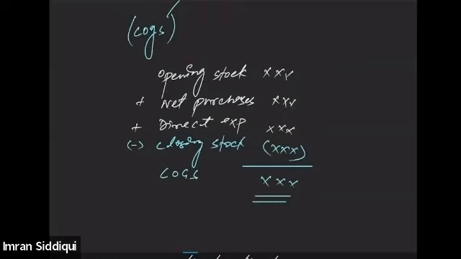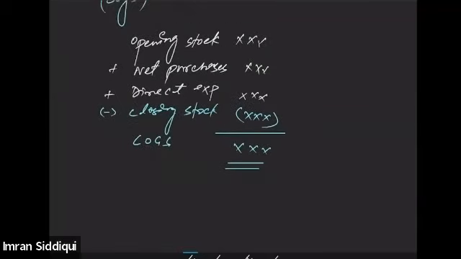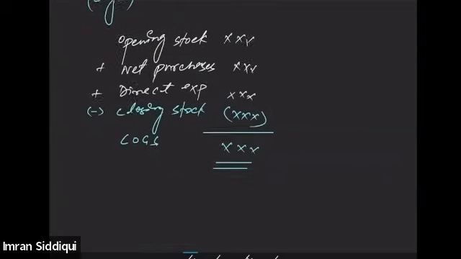This is a very important formula which will be very much helpful while attempting various questions in the chapters. You will have to learn this formula. You will have to remember this formula. Opening stock plus net purchases plus direct expense minus closing stock.